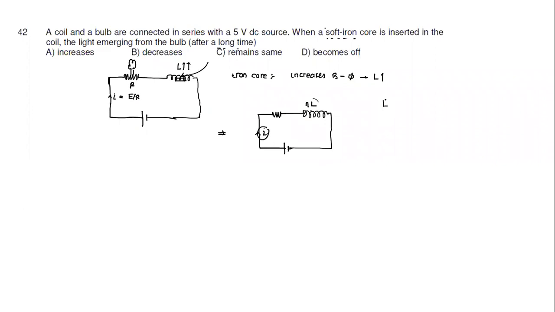Okay, so what does the iron core do? Iron increases the magnetic field inside the solenoid. If the magnetic field increases, what does that mean? Flux density increases, the flux also will increase. And L value is flux per unit current. For the same current, now the magnetic field is more, so flux is more. So what is L equal to? Phi by I. So if the flux increases, L also will increase.